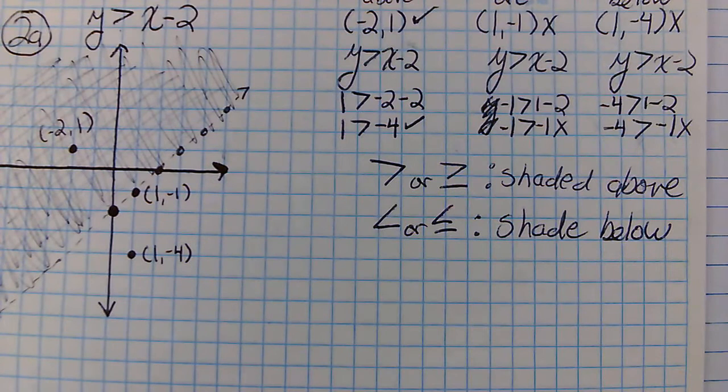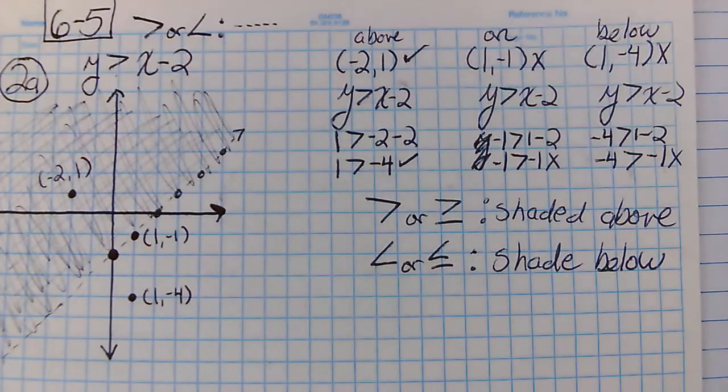Now, you do not have to plug in each time you do your inequality. But let's say you're not sure. When we get to vertical lines, it might be hard to tell, well, is this above or is that above? What you can do is just pick a point and plug it in. If it's true, you know where to shade.